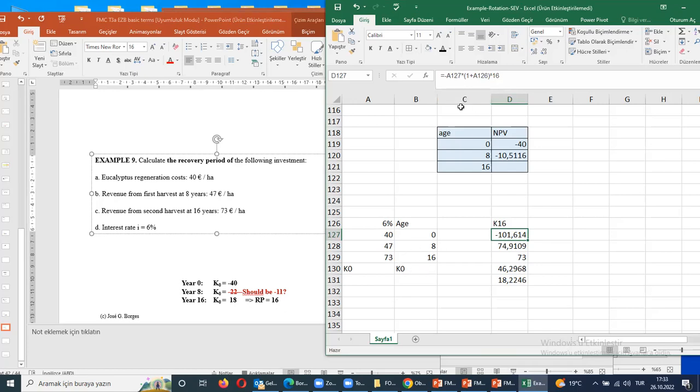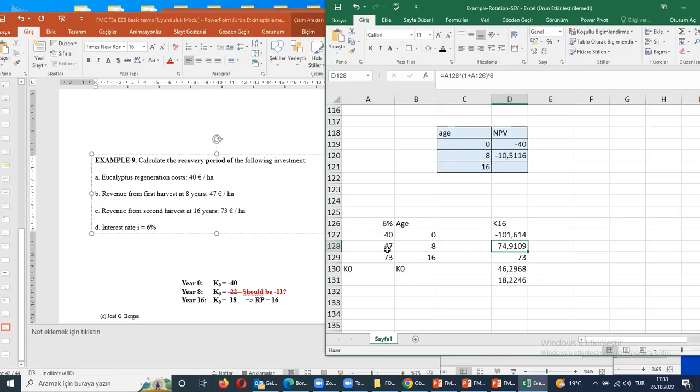A127, which is $40 over here. Regeneration cost, with the interest rate, we try to find out the future value of the cost. Future value of the first harvesting, that is the 74.